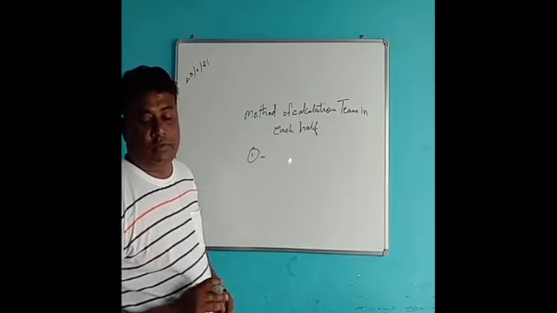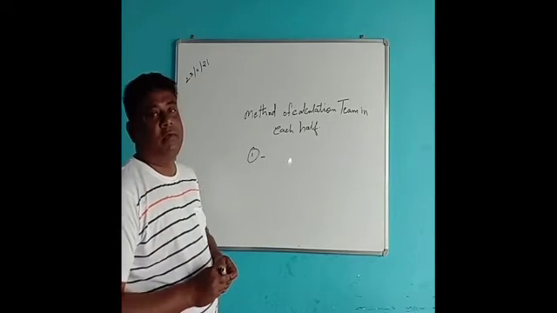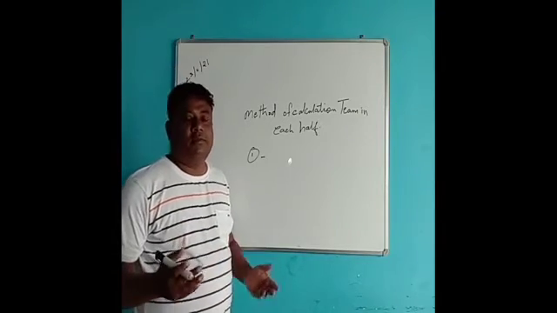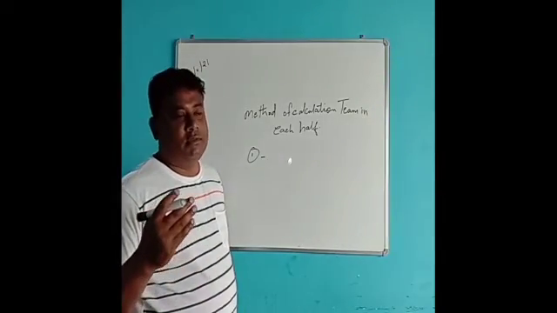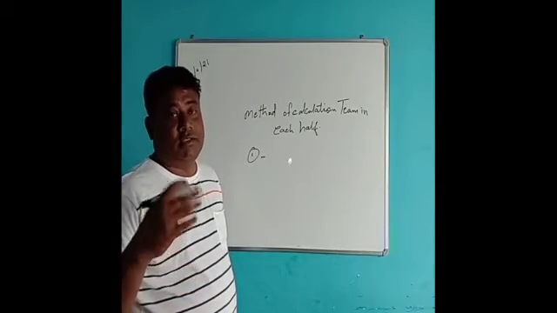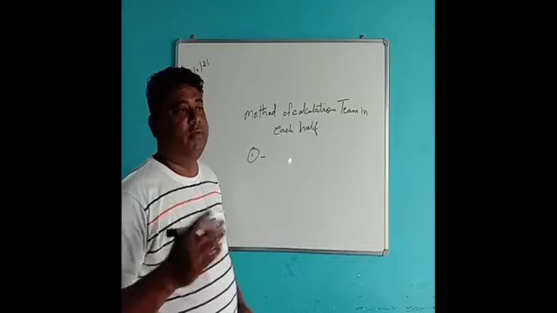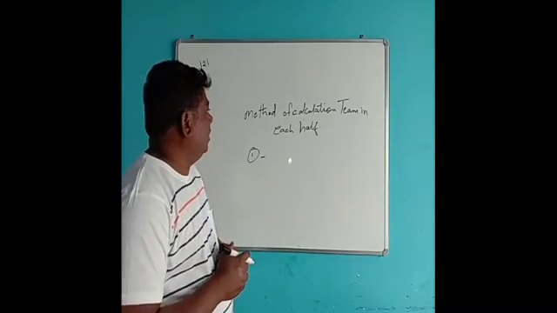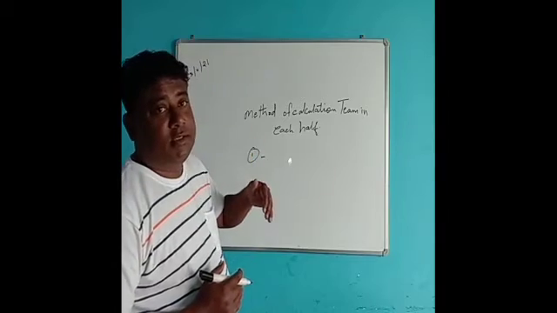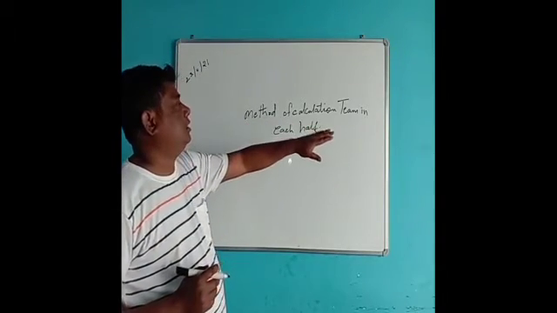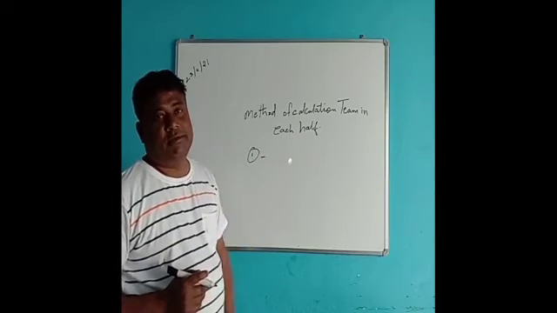So we came to know about the power of 2: 4, 8, 16, 32, all these things are there. And after that, the third point is the method of calculation of teams in each half.